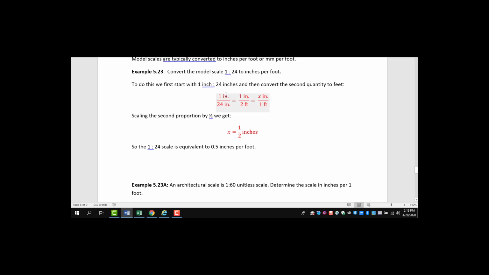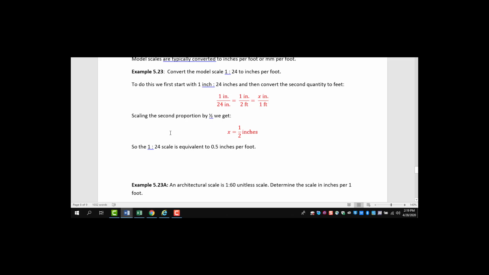So that's the same as the 1 inch to 2 feet. But I want to go to 1 foot because I want inches per foot, right? So I cross multiply and divide, and I get 1 divided by 2, which is 1/2 inch. So the 1 to 24 scale is equivalent to 0.5 inches per foot.